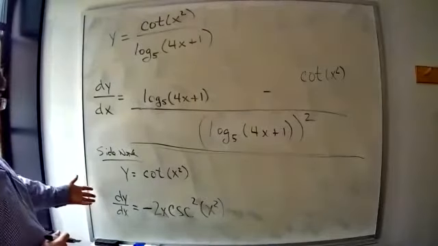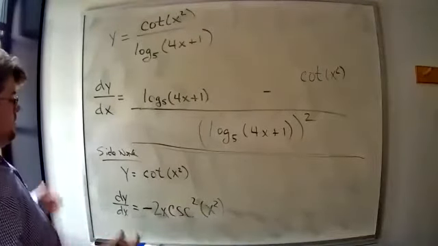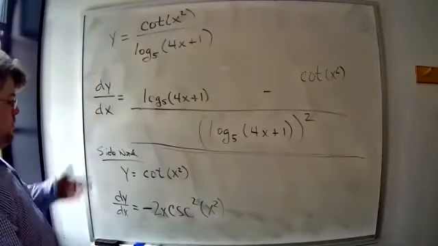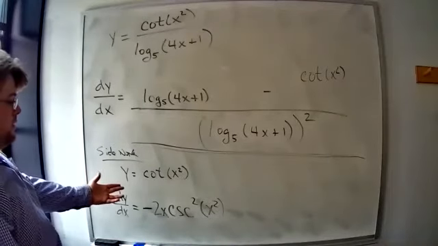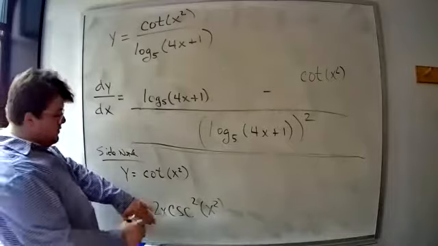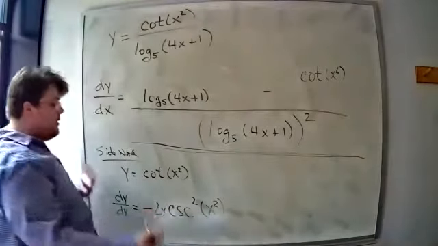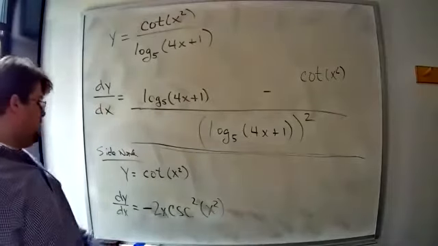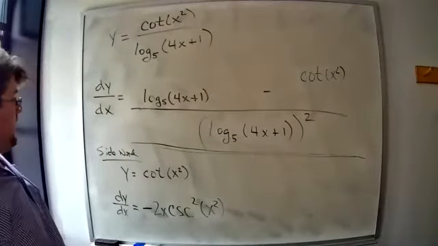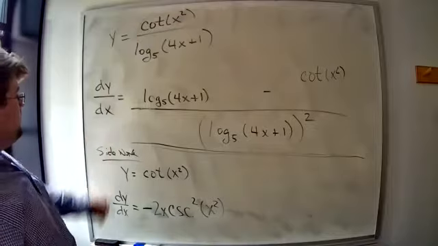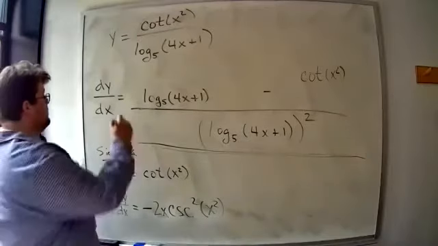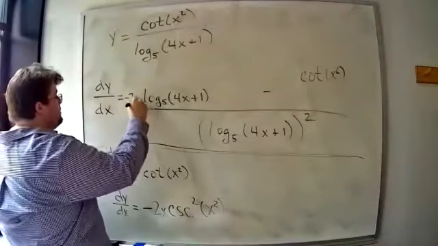So for this first piece, cotangent x squared, you could write out your u substitution, u equals x squared, dy du, negative cosecant squared u, du dx, 2x, multiply them together, you get negative 2x cosecant squared of x squared. And where do we need that? Well, we need it up here in front, negative 2x.